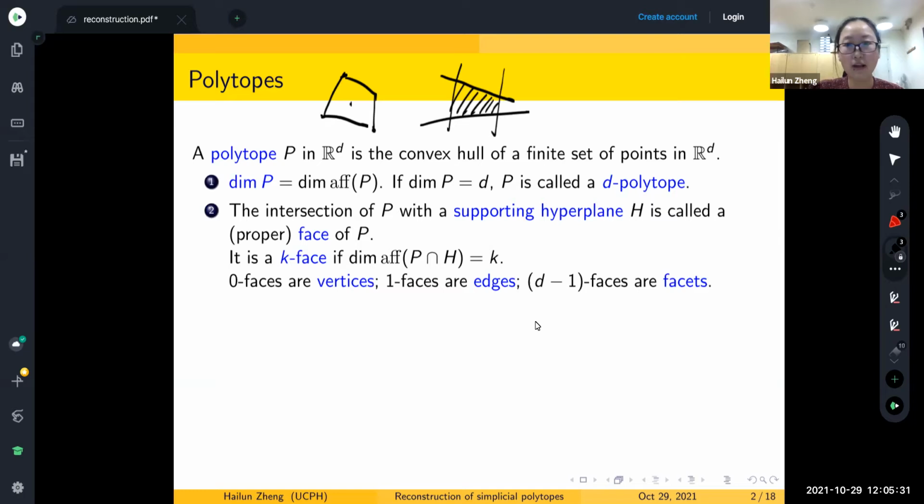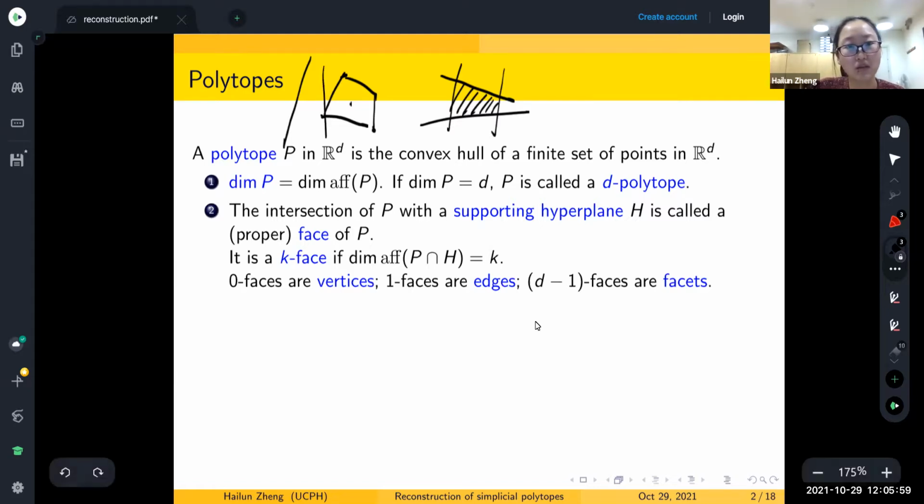So how can I define it? We have this polytope here, and I'm going to take an arbitrary hyperplane. In this case, it could be a line. Sometimes it will cut this polytope into two parts, but let's say I have a hyperplane here, and one of the closed half spaces fully contains this polytope. If this happens, then we say this hyperplane is good.